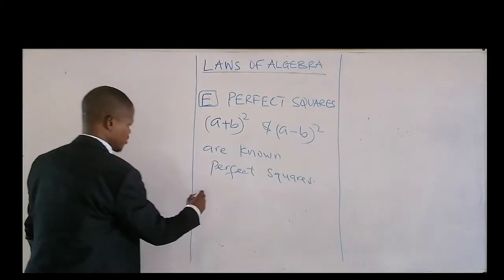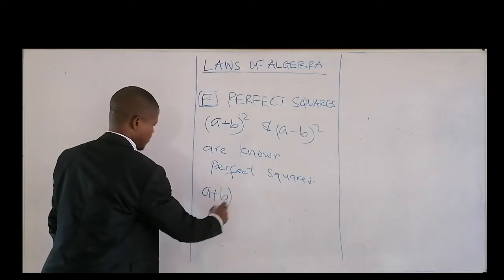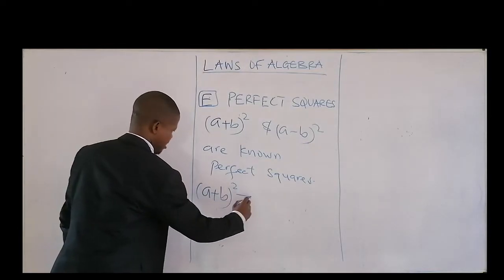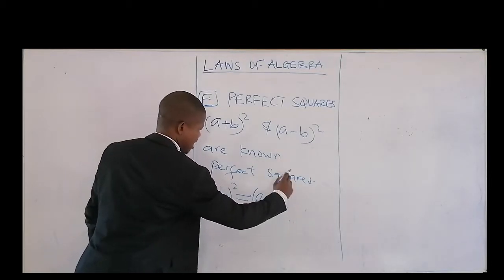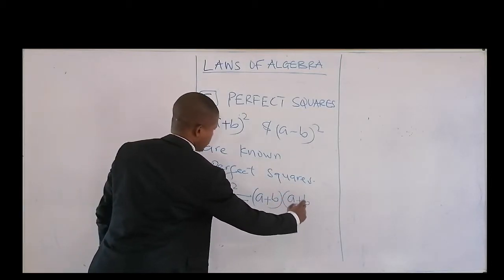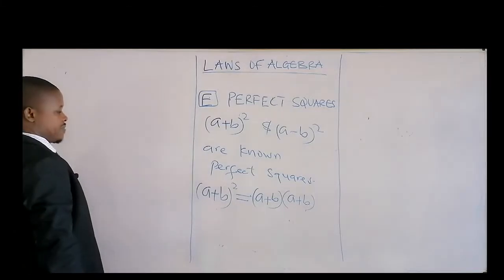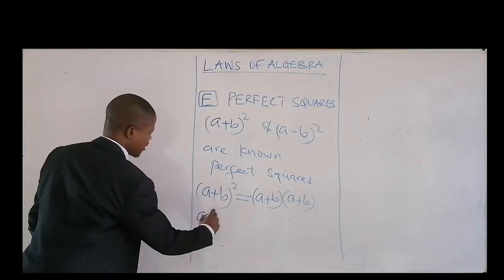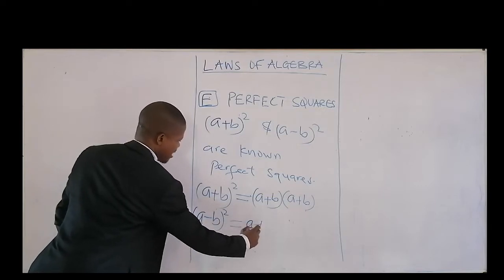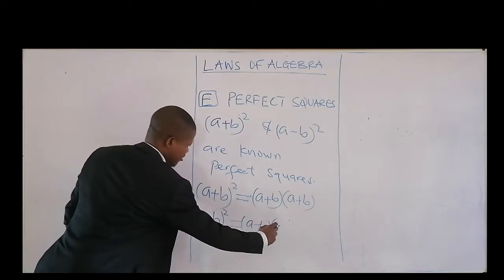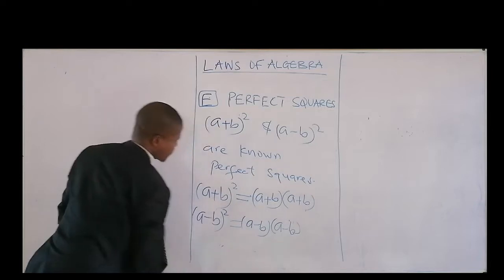And don't forget, note that this one, squared, implies a plus b times what? A plus b. Also, a minus b squared implies a minus b times a minus b.